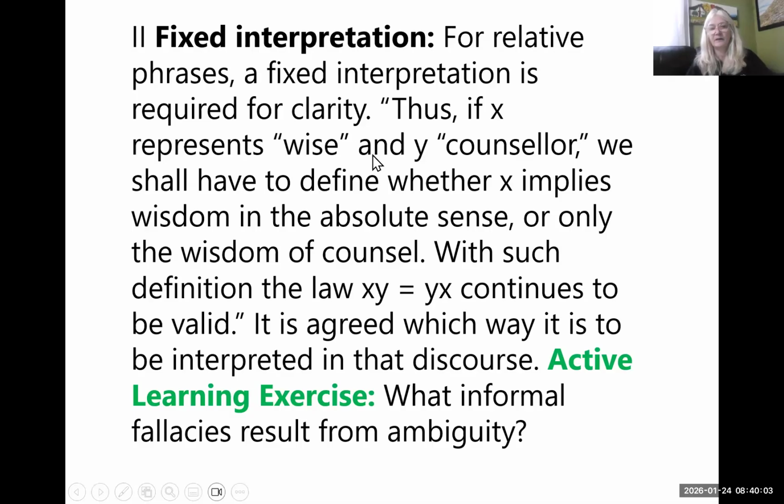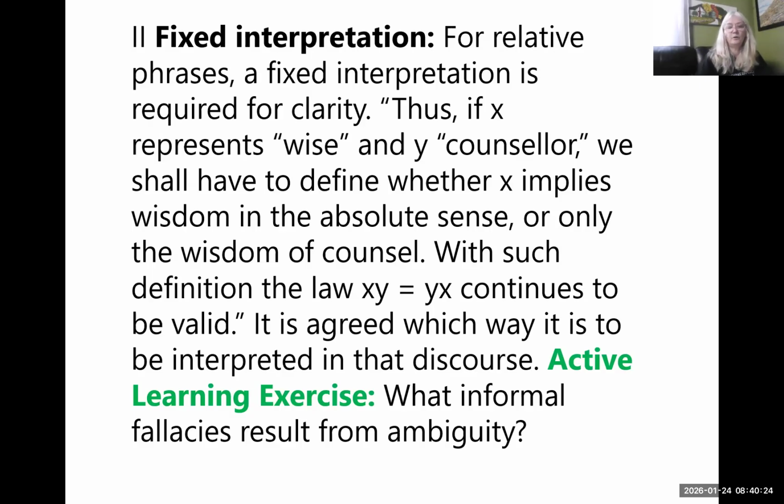Thus, in Boole's example, if we have X for Y's and Y for counselor, we have to define if XY together means Y's as a counselor or Y's and a counselor.